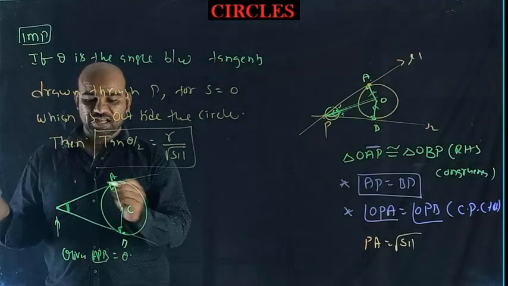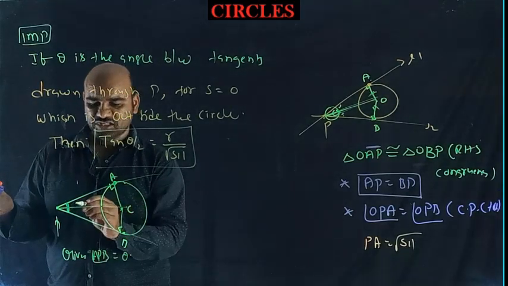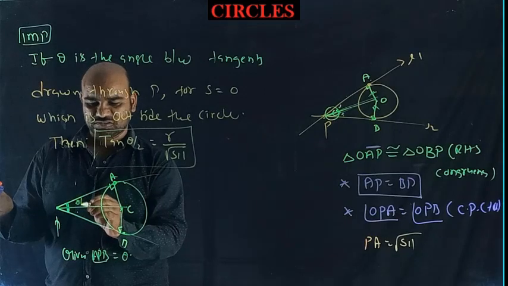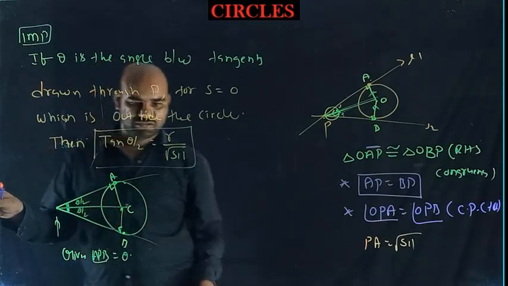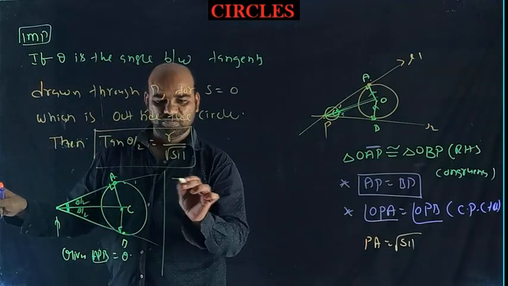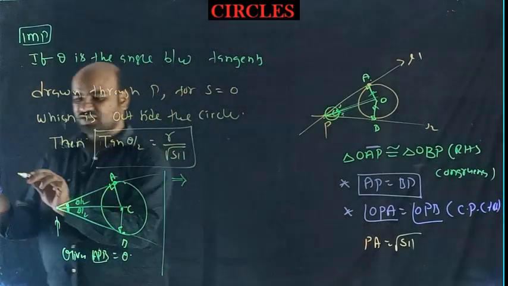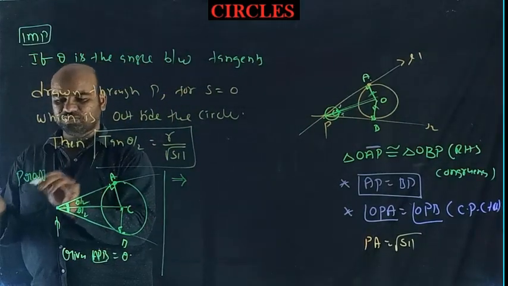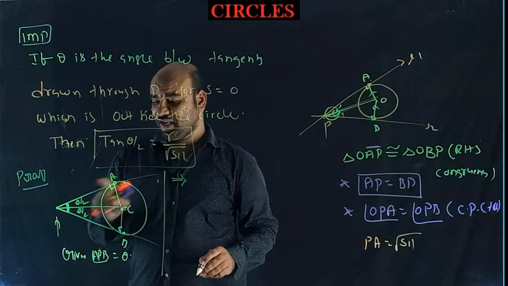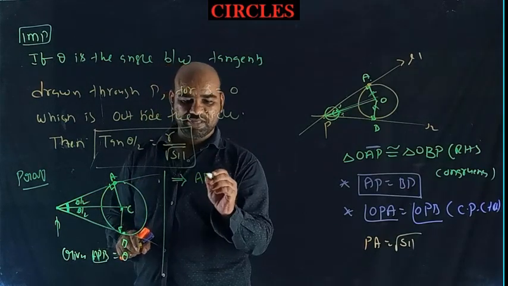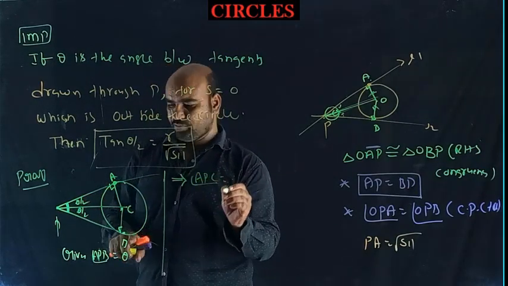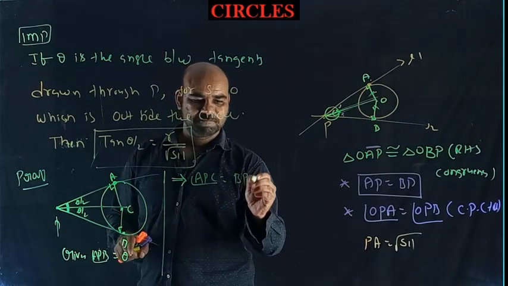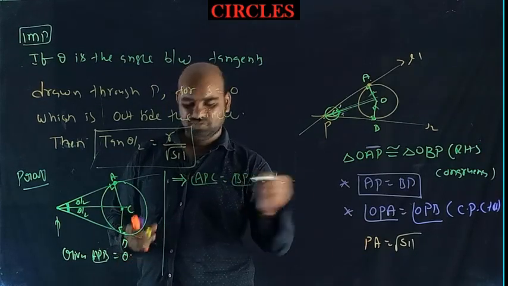If angle APB is theta, automatically this becomes theta by 2 and this is theta by 2. Just now we proved. So angle APC equal to BPC equal to theta by 2.